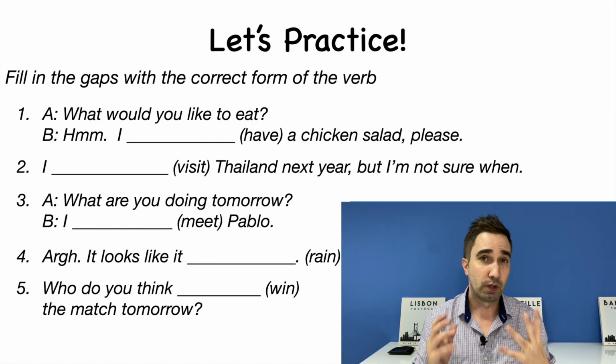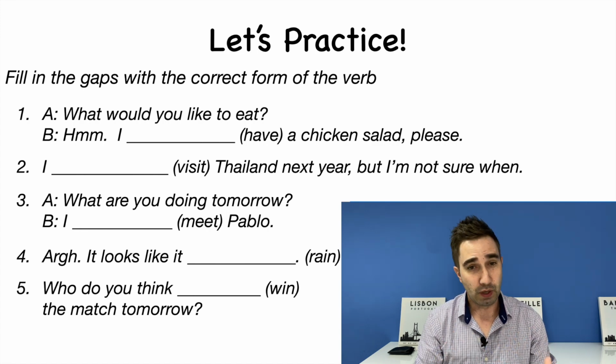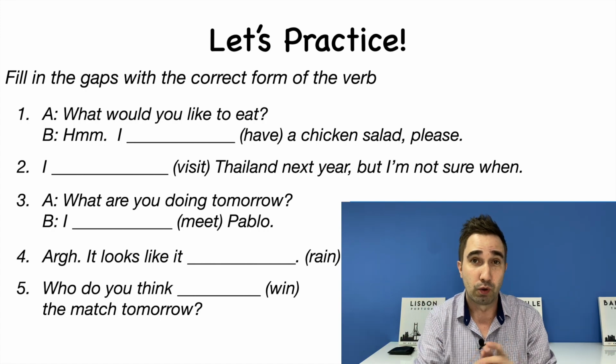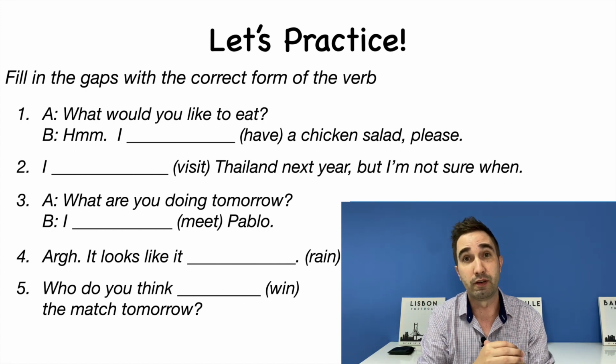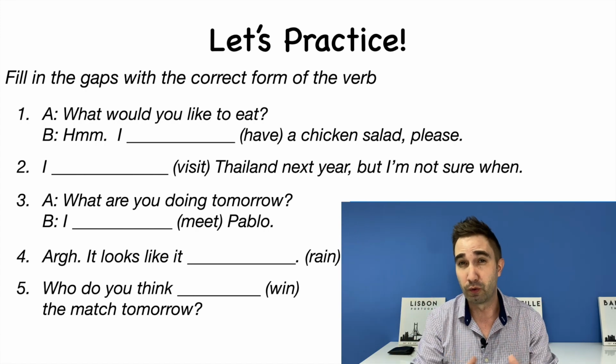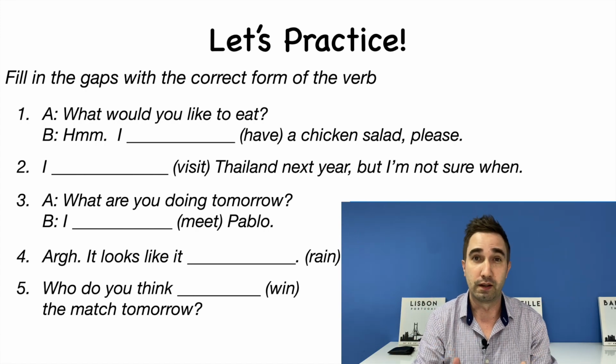All right, so let's go through, let's practice and see how it works. If you guys do have any questions after, ask us. Also, I'll put a little quiz here for you, so do that and then see how you do.